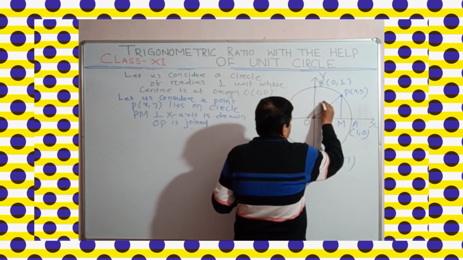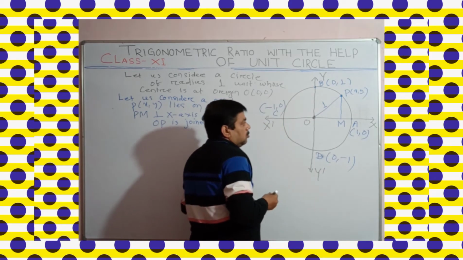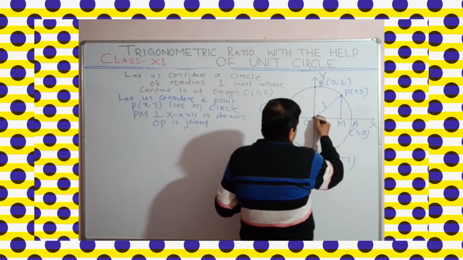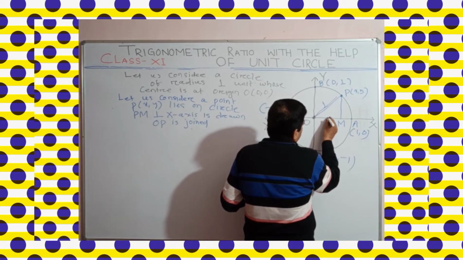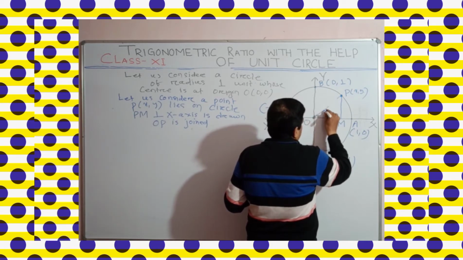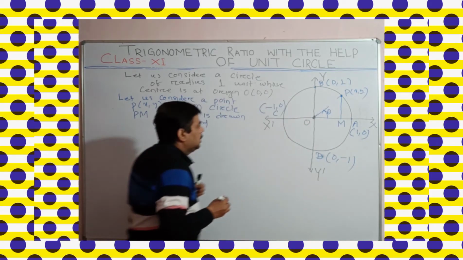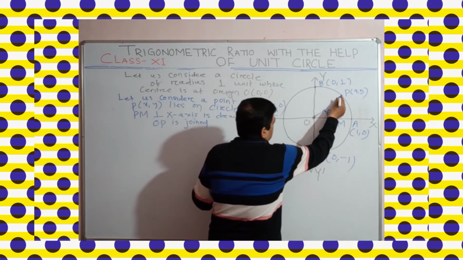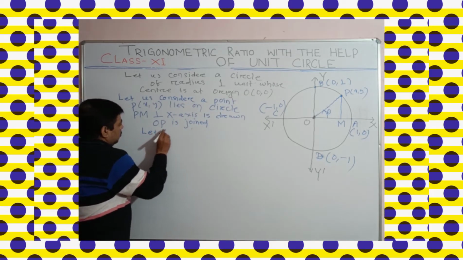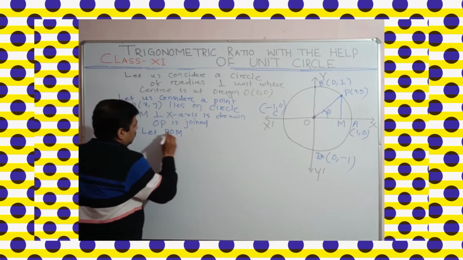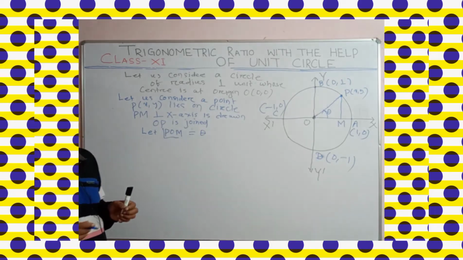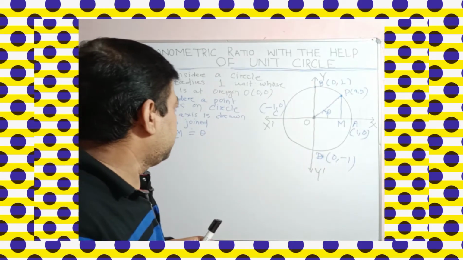Now OP is the radius of the circle, whose value is 1. Yes or no? And OP makes an angle theta with the positive direction of the x-axis. So this angle is theta. Let angle POM be theta, and we are going to find the trigonometric ratios of angle theta.